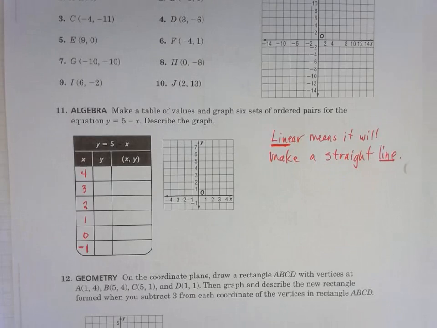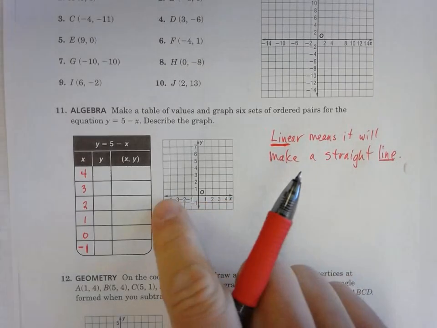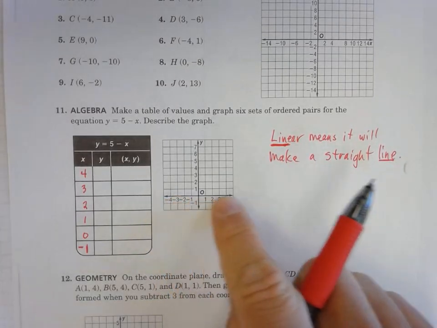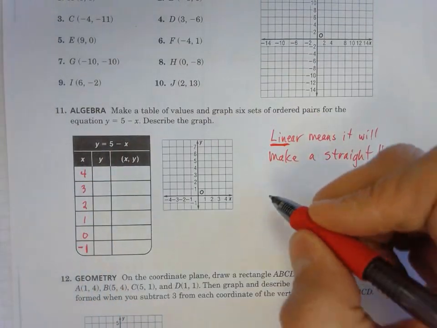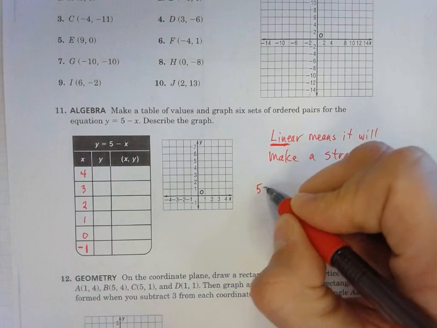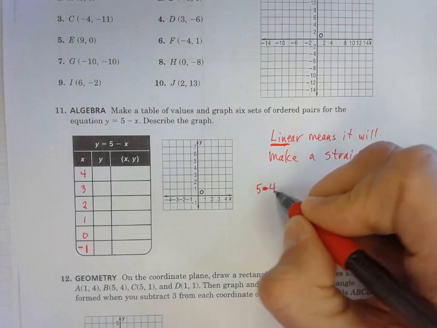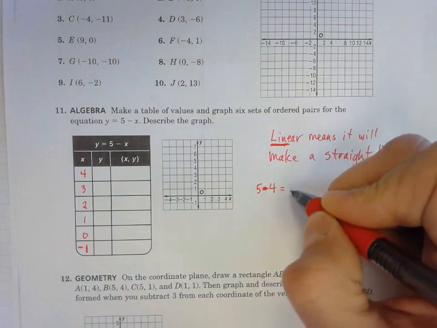Okay, so I'm using the x numbers that I see there, just so it'll hopefully stay on the graph. All right. So that means I'm going to put the 4 in for that, okay? And 5 minus 4 equals 1.